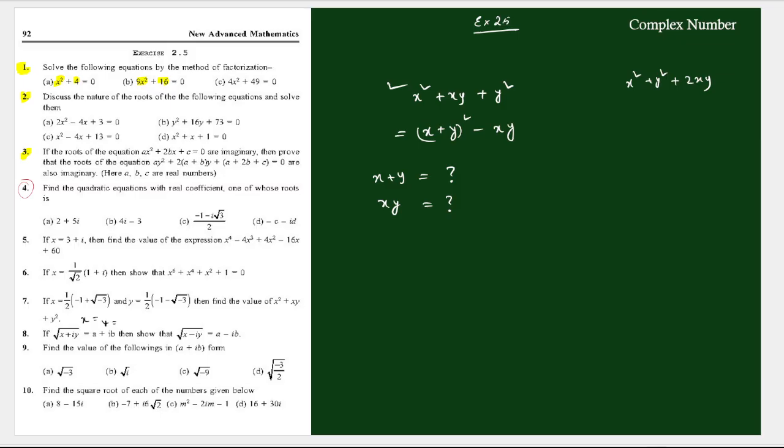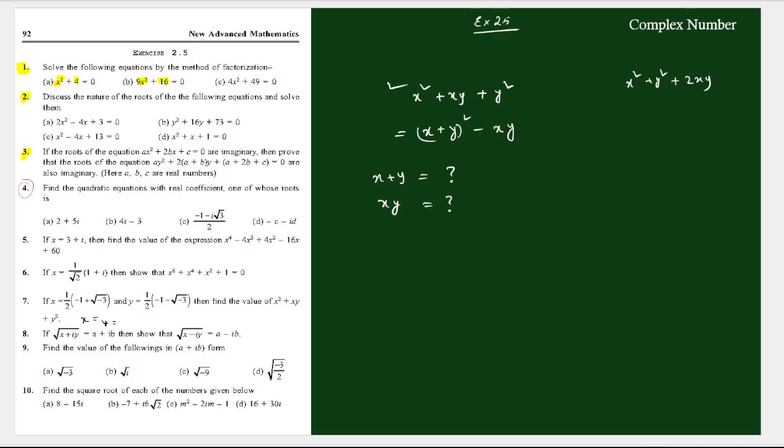Root i, what will happen here? You have to find the real part and the imaginary part. Then again in number d, minus 3 by 2, there is no ib, so you have to find i. This is minus 1, okay. If you can't, then I will help you. First you try.